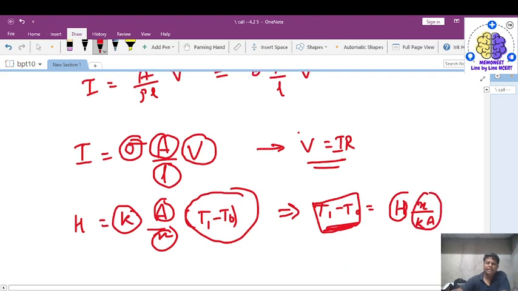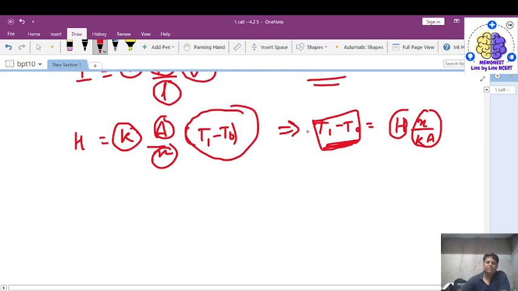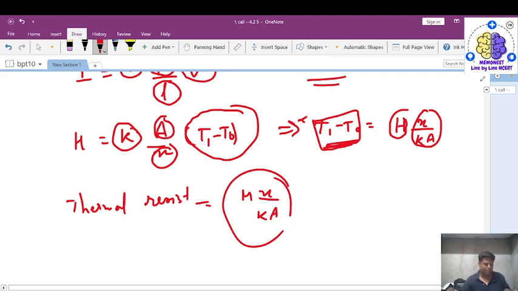So we can say that thermal resistance is equal to x upon K A. We call it thermal resistance.